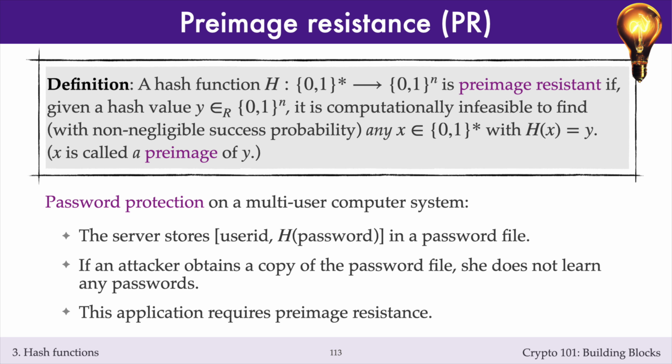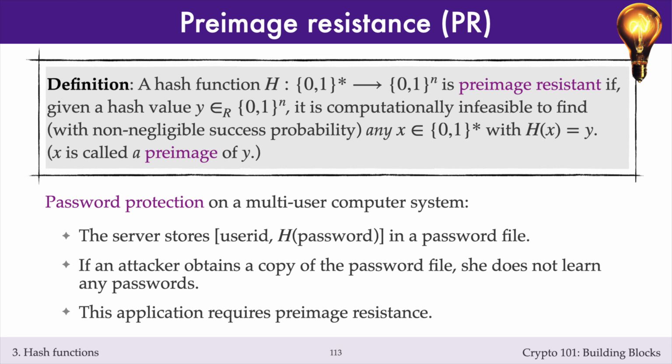The server computes the hash of the entered password and compares it with the hash of the password in the password file. If these values are equal, then the server grants access to the user. An attacker who gets a copy of the password file doesn't learn any passwords. She only learns the hashes of these passwords.